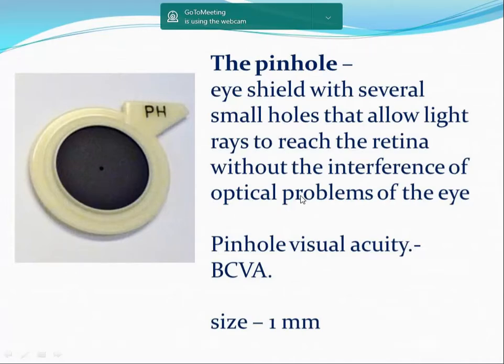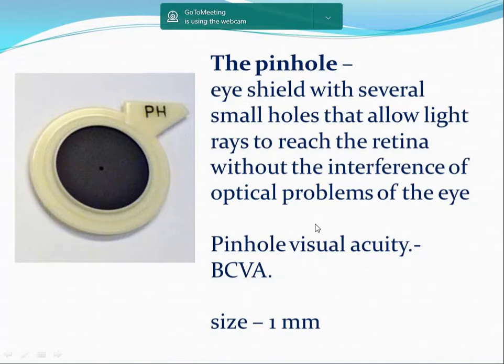That means if there is no refraction, then the patient is able to see. That means whatever he is not able to see is because of a problem of refraction. That is because of an optical problem, not because of a pathology inside the eye. It is because of a problem in refraction.